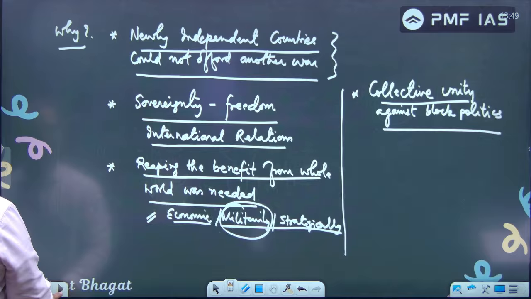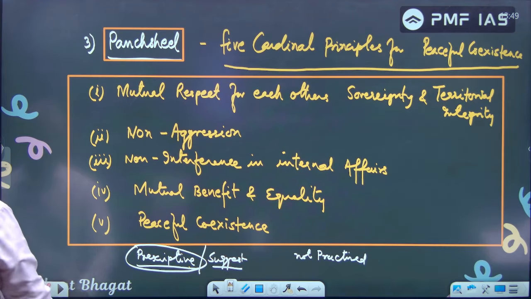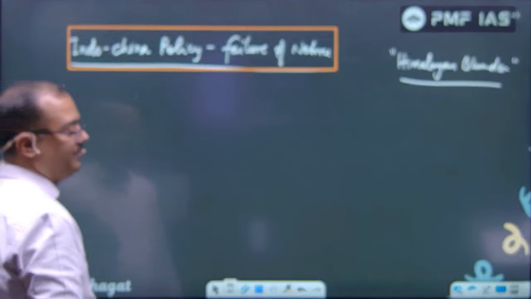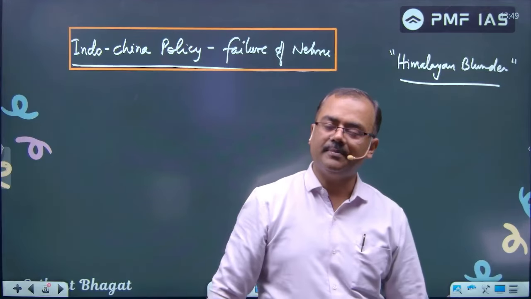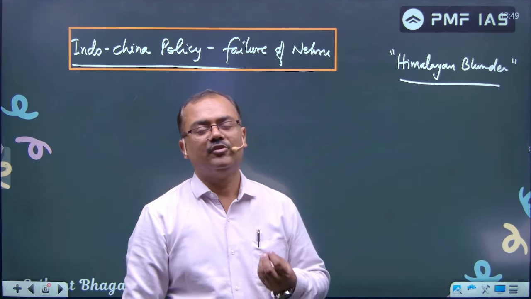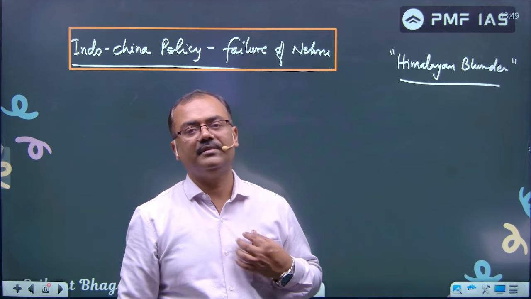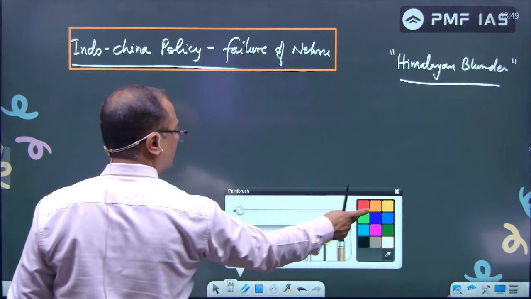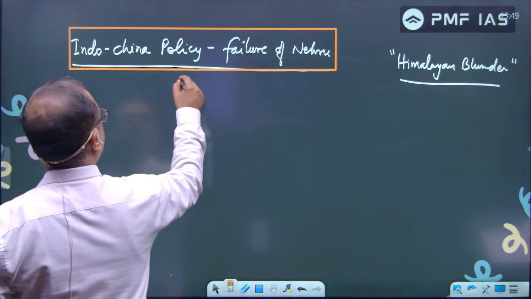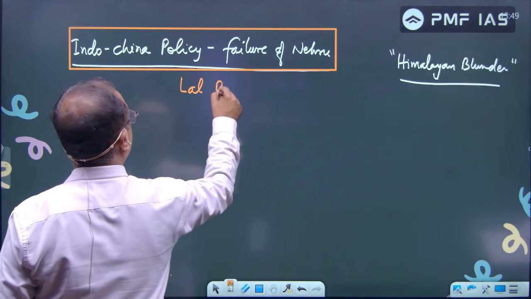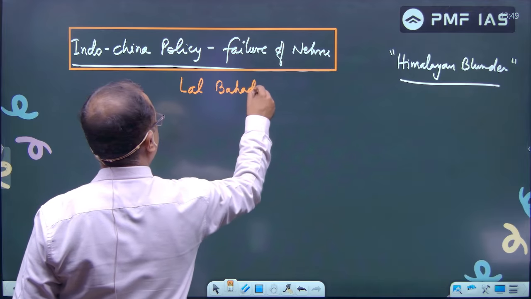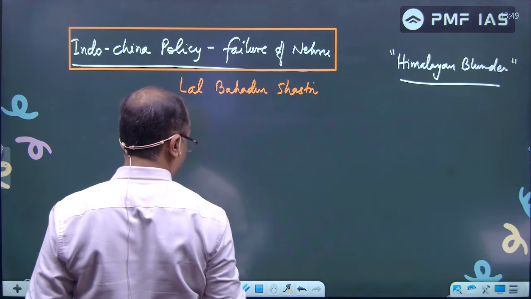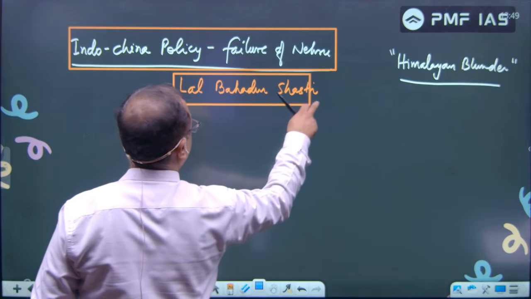Now coming on to after Nehru, a brief period was there of Lal Bahadur Shastri. No major event took place in Shastri's period, Shastri's era. After Nehru, it is Lal Bahadur Shastri.